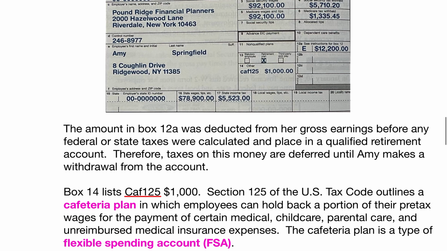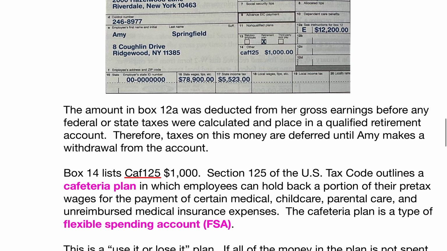And this is where you can tell your employer to hold back a portion of your pre-tax income or pre-tax wages and be set aside so that you can use that money to pay for certain medical expenses or child care or parental care expenses, or even unreimbursed medical insurance expenses, okay? So this is all pre-tax money, and this cafeteria plan is considered a type of flexible spending account.